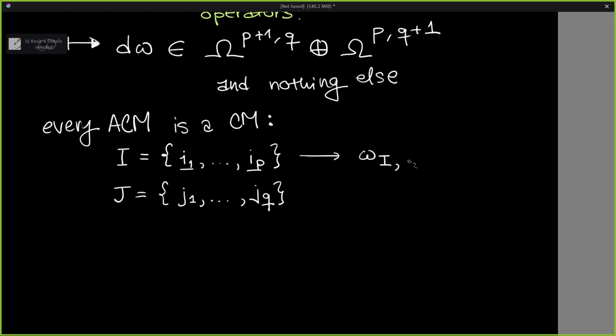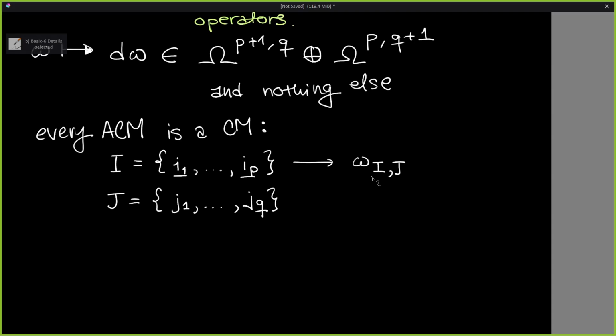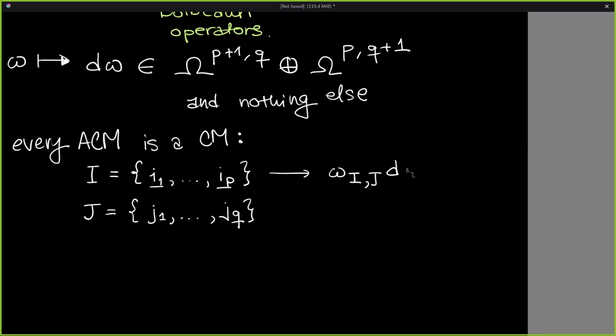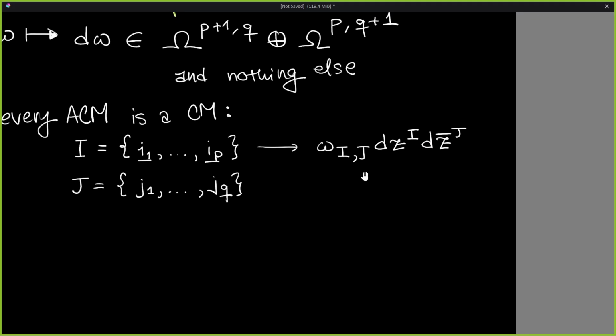And so I'm going to write something like this: omega IJ, so these are labels, these are going to be coefficients, and then you have dz I, dz bar J. So in this product there are actually many terms, right? There's an omega I1 J1 dz I1 dz bar J1, and then one for every combination of pairs of something from this set and something from this set.